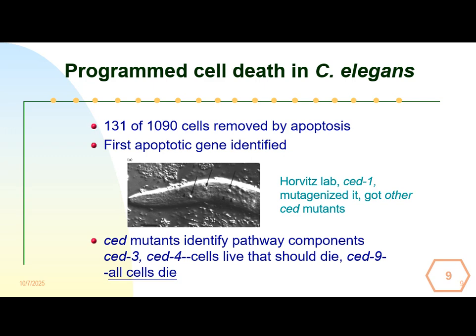The adult C. elegans should have 1,090 cells, but during the developmental process, 131 cells die. If he generated mutations to stop the dying of these 131 cells, it led to abnormal growth of the nerve innervation.